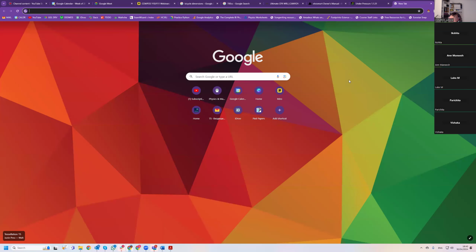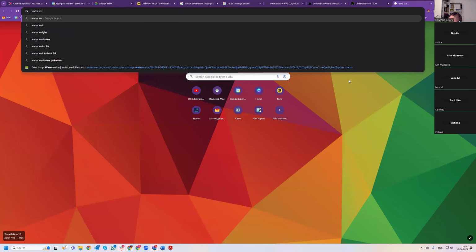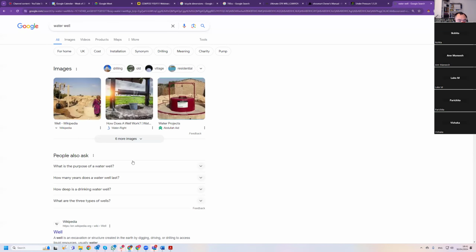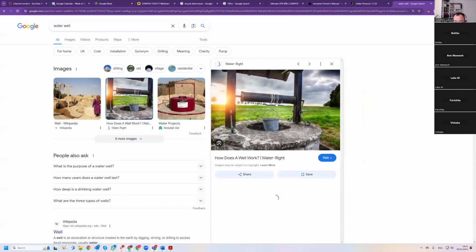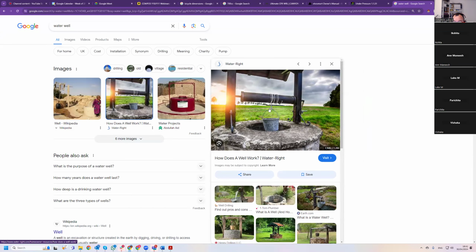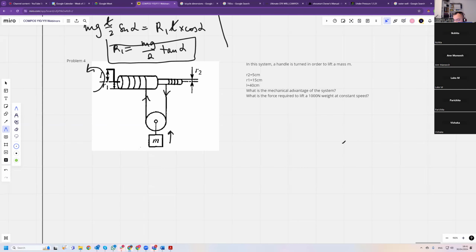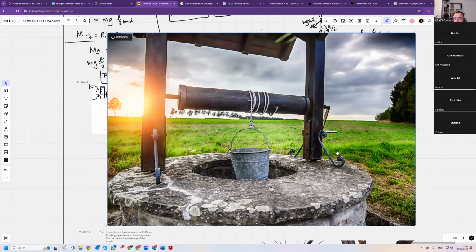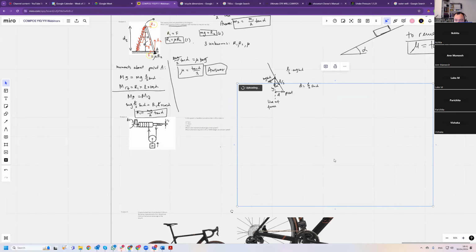So, a water well. This is sort of like this, but slightly more sophisticated. So this is a water well.